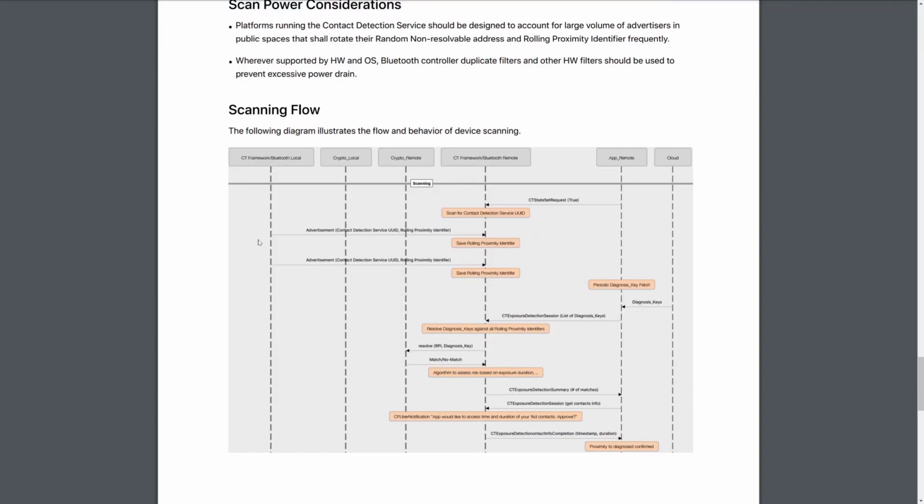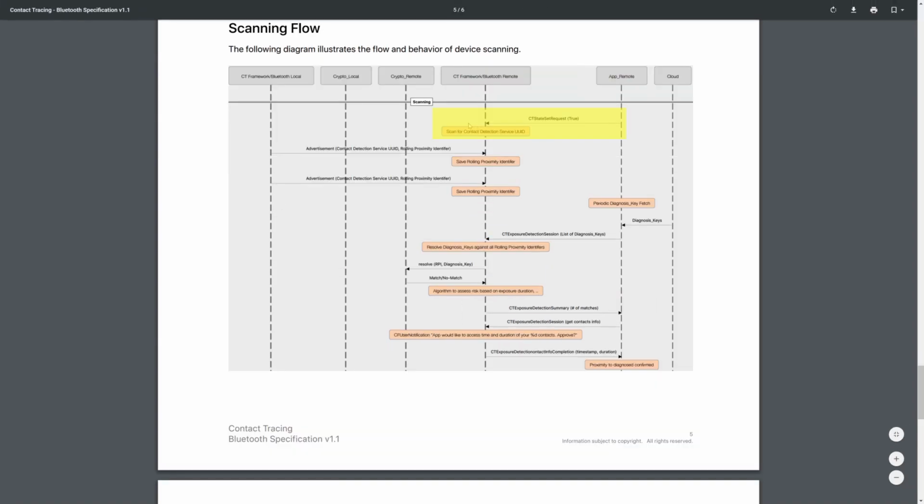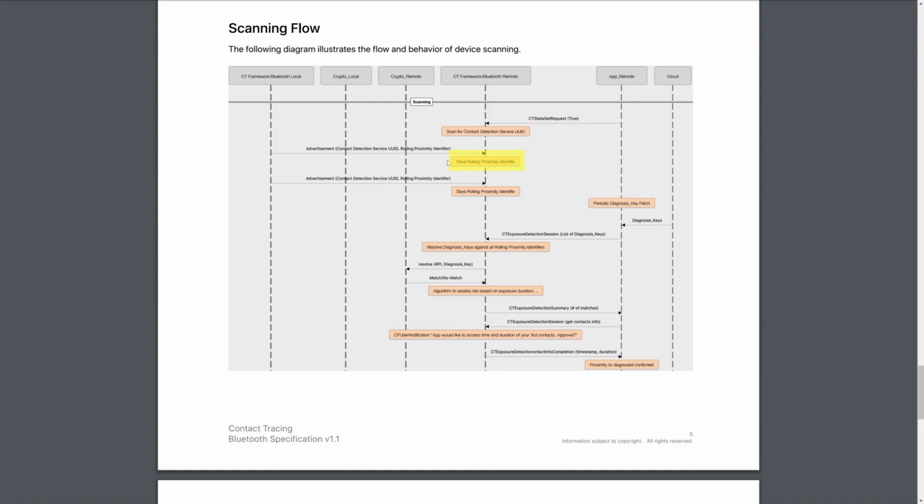We'll quickly look at the scanning flow because it's interesting to understand how this is really working. We have the app, and we make a request to scan for the contact detection service UUID. We receive advertisements from anyone, and we save the rolling proximity identifier. We also periodically fetch our diagnosis keys from the cloud. This is basically all the keys that have had a positive diagnosis of COVID-19. We resolve the diagnosis keys against all the rolling proximity identifiers.